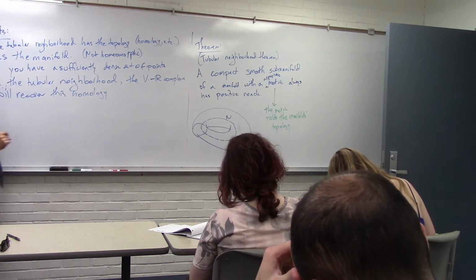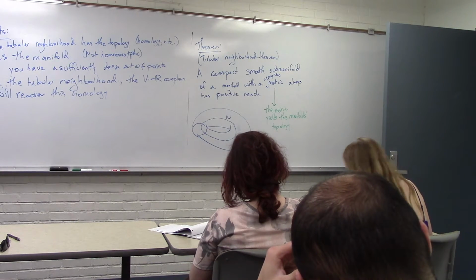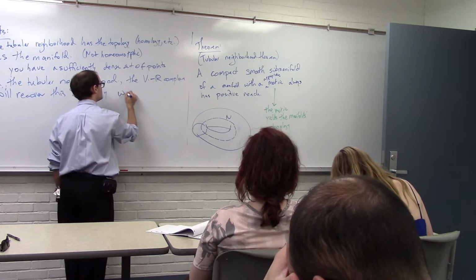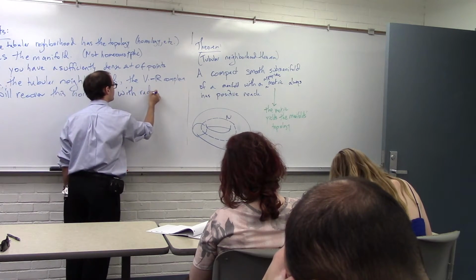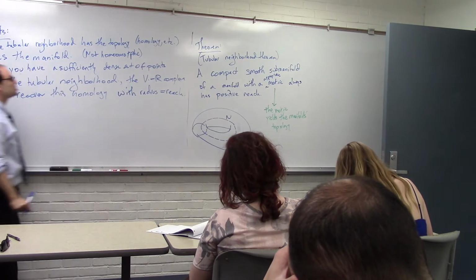With what radius? Remember, before we had to worry about choice of radius that led us to persistence. This is a different idea. With the radius equal to the reach.